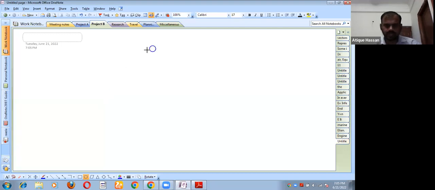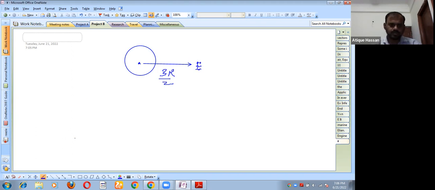Suppose I have a spherical shell, and at a distance 3r by 2 from the center, the electric field is E. Now you have to find the electric field at a distance r by 2.